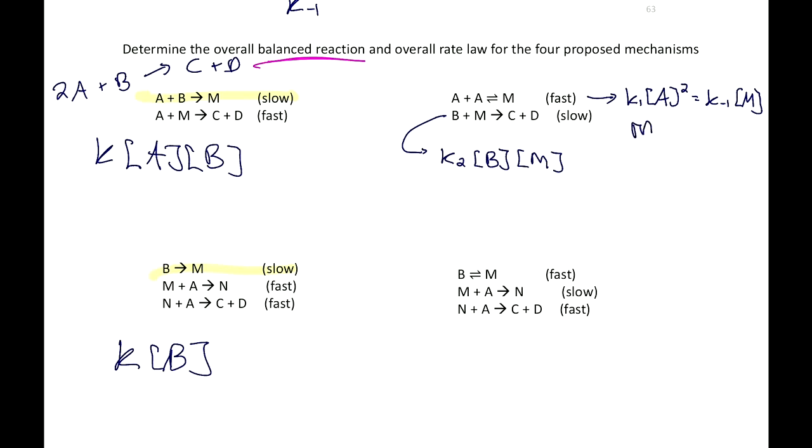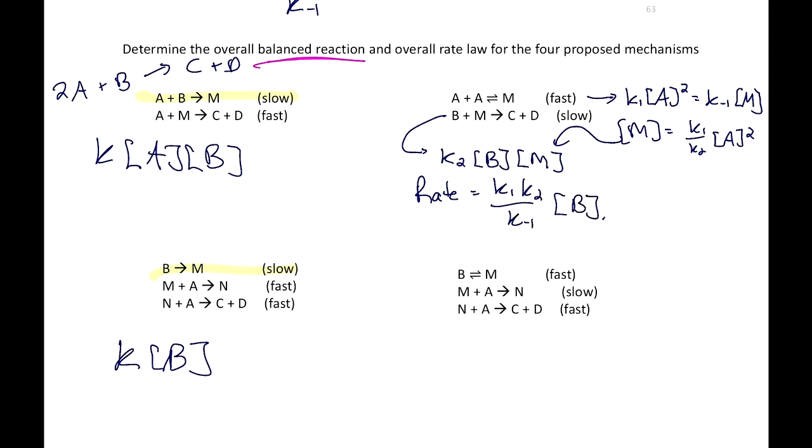And so you move those things around to isolate M. You get M equals K1 over K negative 1 times A squared, and so then you plug that in, and you get that the rate for the overall reaction is K1, K2 over K negative 1, times B, times A squared.